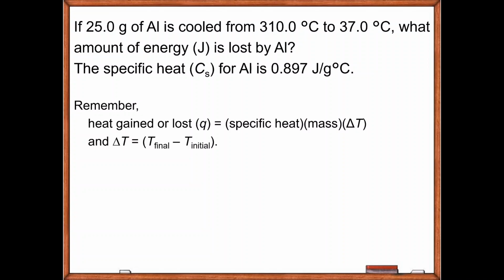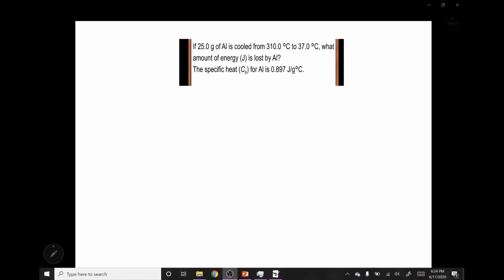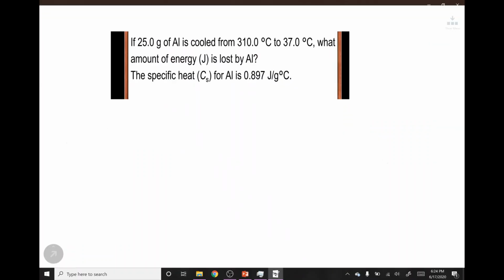Remember that heat gained or lost, Q, is equal to the specific heat times the mass times delta T. Delta T is equal to T final minus T initial. Let's try to solve this one.